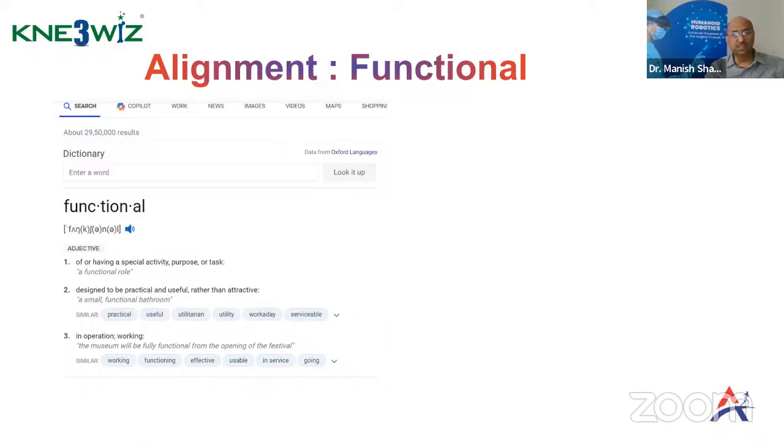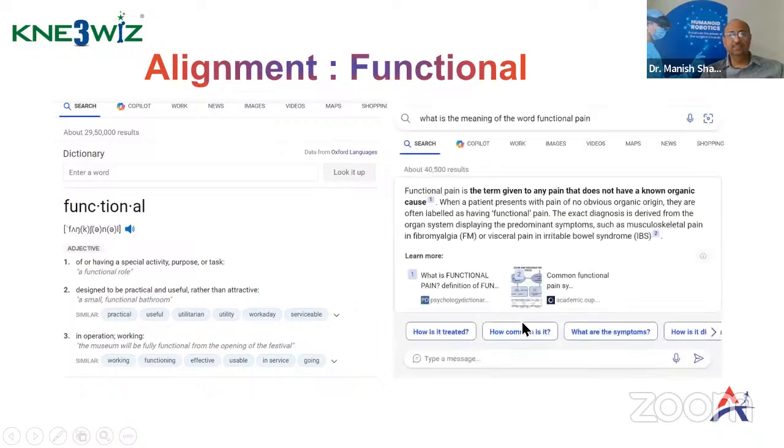Something which works. But then in medicine, as we all know, there are a lot of other words where functional is used. Functional pain is a term given to any pain that does not have a known organic cause.